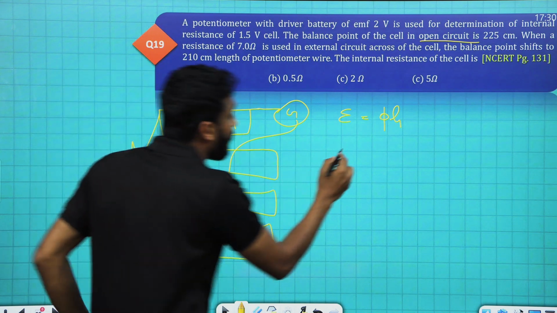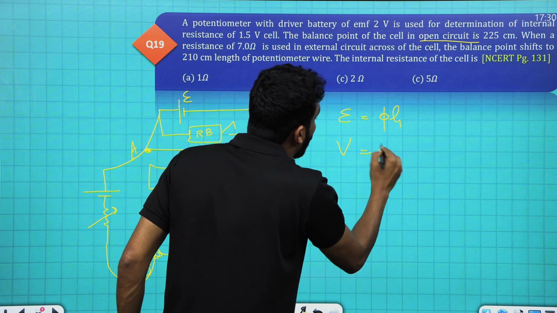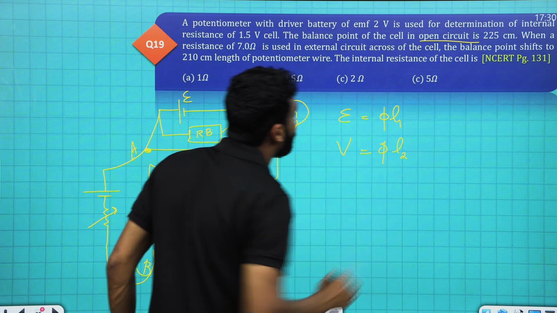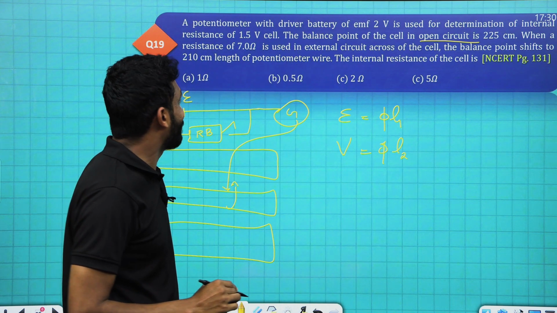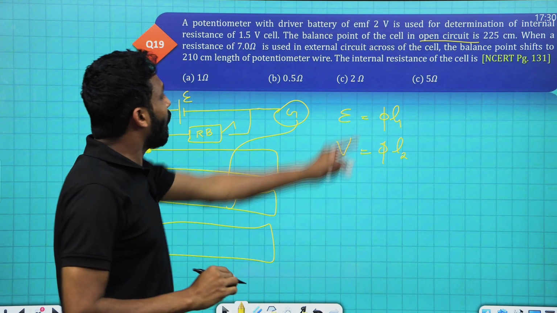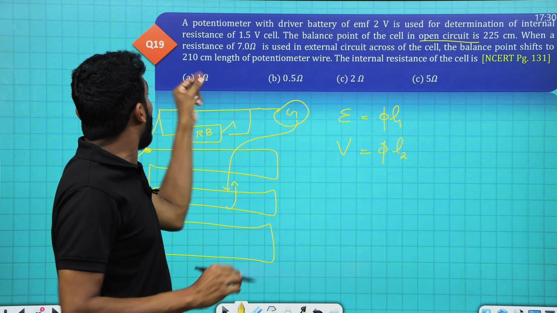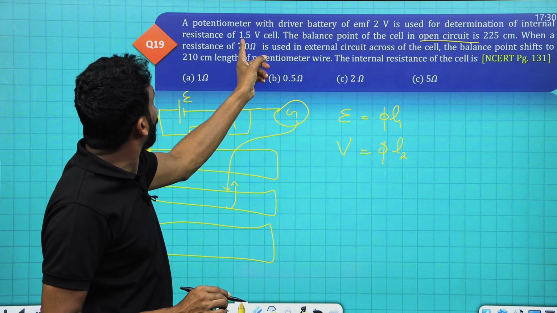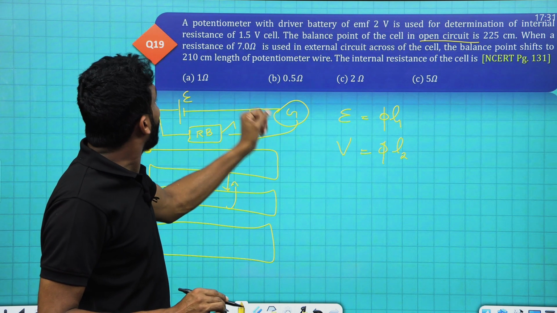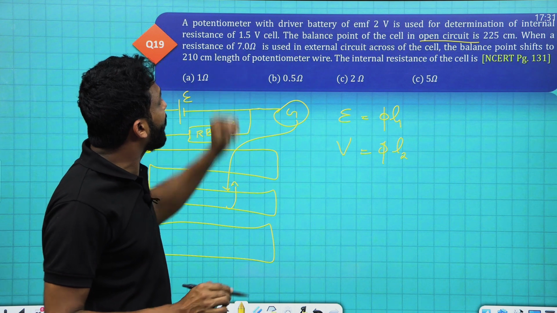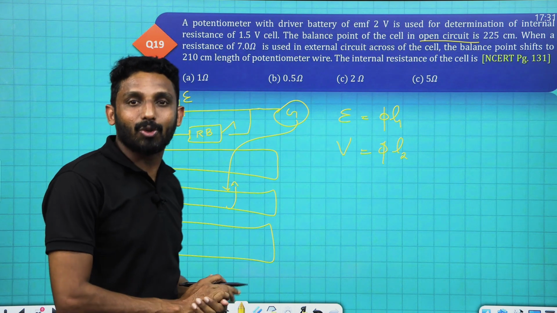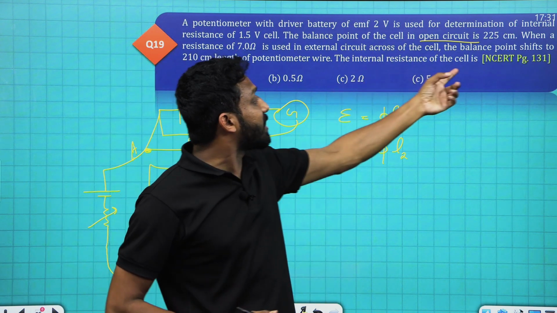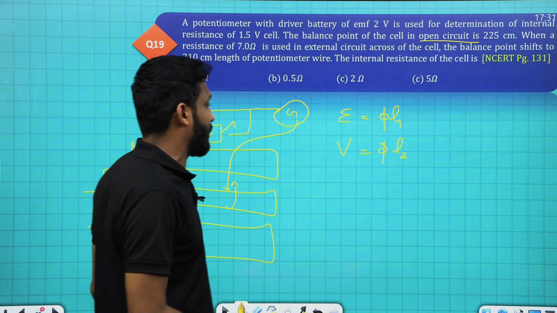In that case, V is equal to phi into L2. L1 is given 225 cm, L2 is given 210 centimeter, EMF is given 1.5 volt, and the resistance connected is given 7 ohm. What is to be calculated? The internal resistance of the cell is asked.